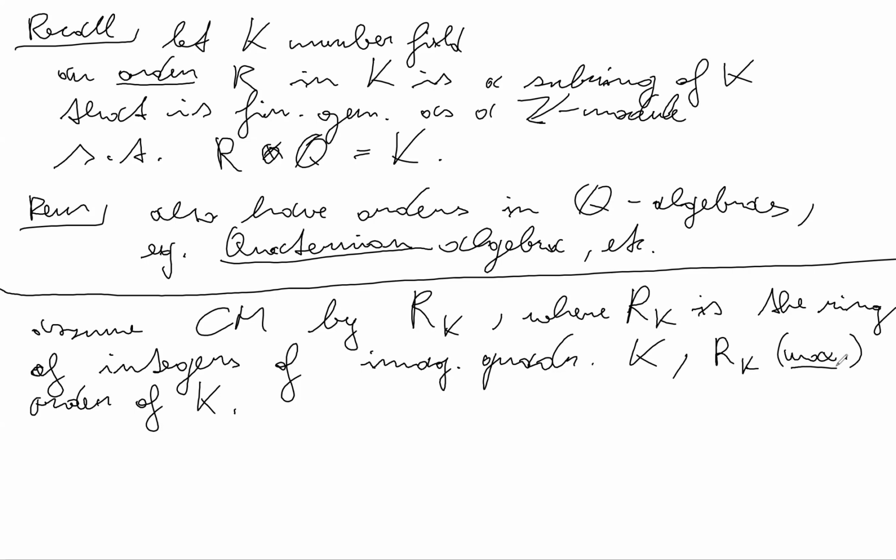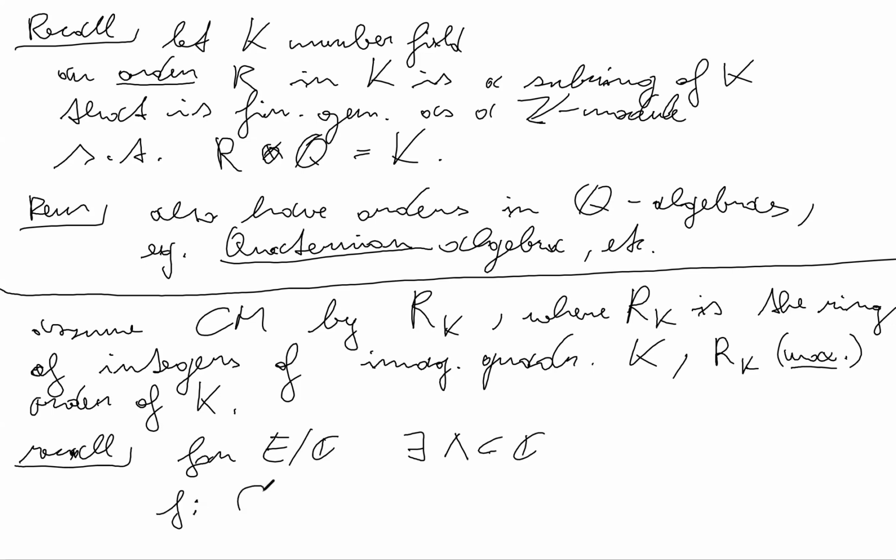Now let's do another recall. We saw that for every elliptic curve E defined over the complex numbers, there exists a lattice Λ in the complex numbers, and then we have this mapping.